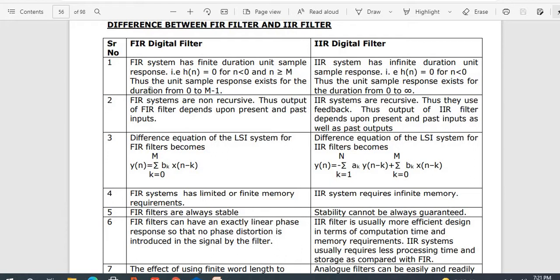So FIR we can assume as an open loop system, and IIR as a closed loop system. Closed loop means there is a closed path where you have feedback. So whatever output you get, again it will be fed back. That is called recursive. It depends upon present input, past input as well as past outputs. Any system of that kind is considered to be IIR.